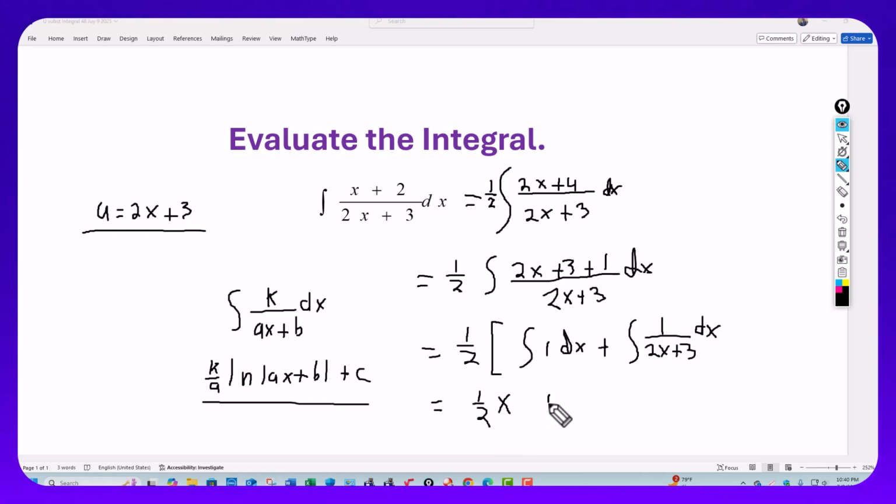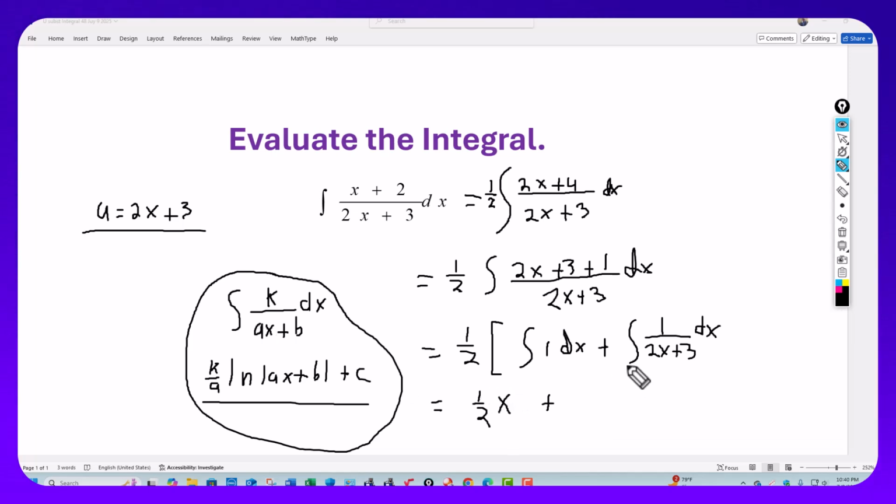And then it's plus. Now, you can just do the substitution here, that u equal to 2x plus 3, and you get the same answer. But I'm just telling you that there is a formula that I've derived in some other videos. Common practice that you can use this.